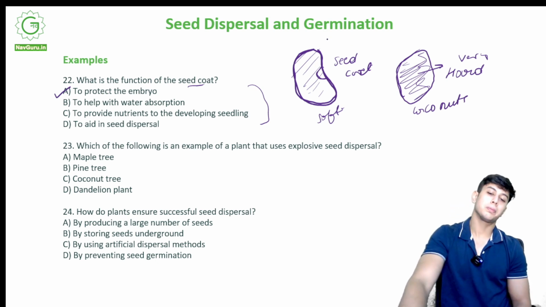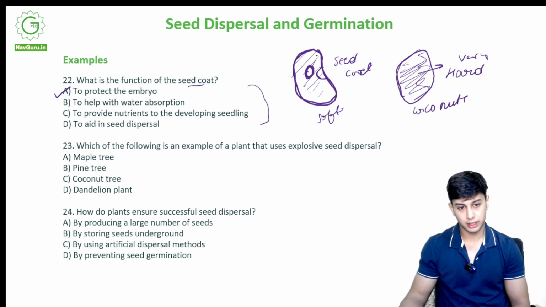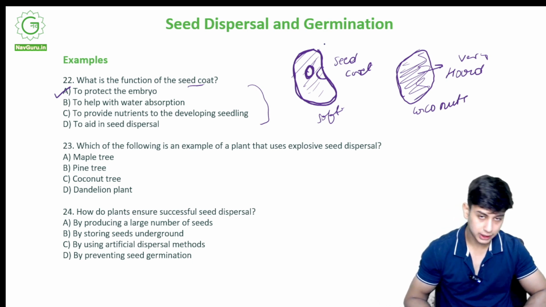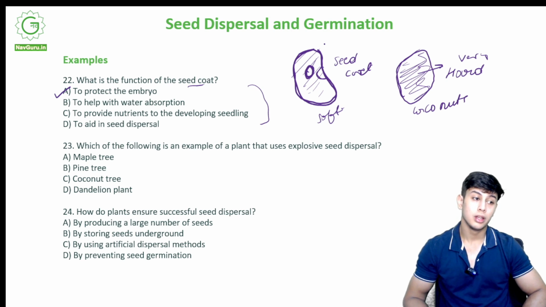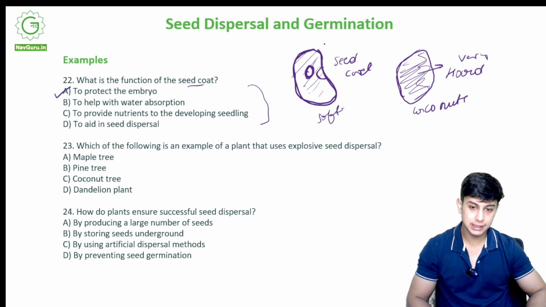The most important part of the seed is the embryo, what is inside, which will grow further, right? The seed coat is responsible for protecting it from animal ingestion, from changing weather conditions, from hot, from very cold, so that the dormant embryo, the sleeping embryo which is waiting for nutrients, can stay safe.